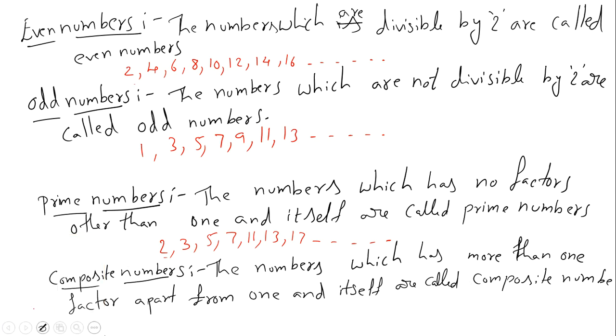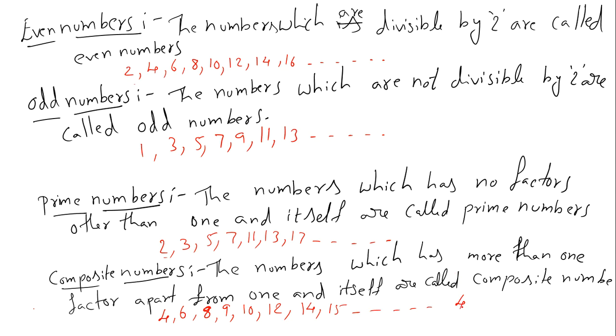So let's look into the examples. Now look at the whole numbers. What are composite numbers? Composite numbers are 4, 6, 8, 9, 10, 12, 14, 15 and so on.